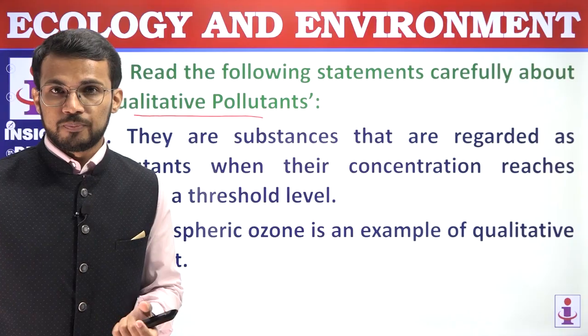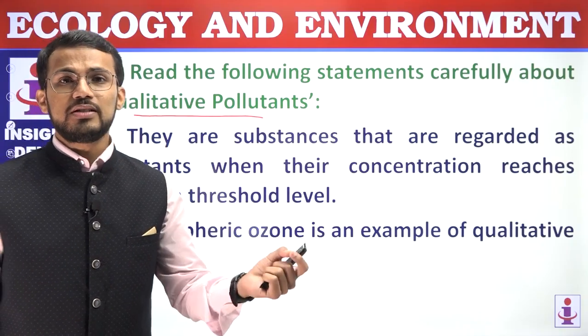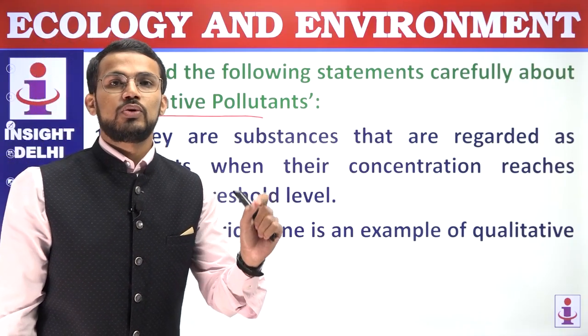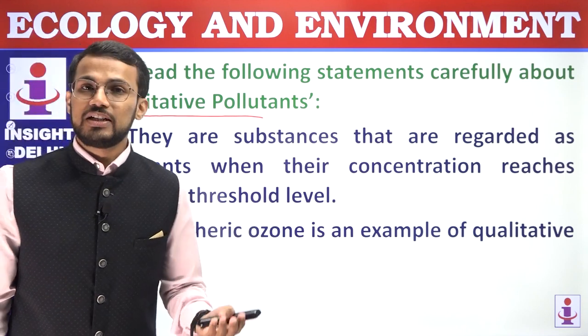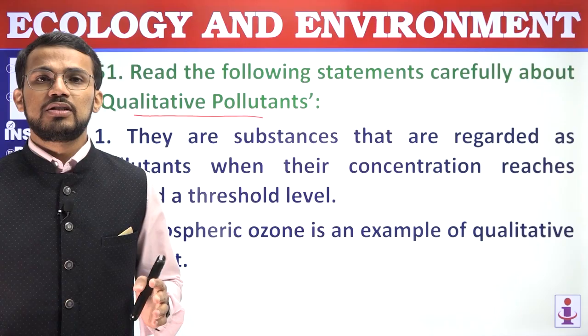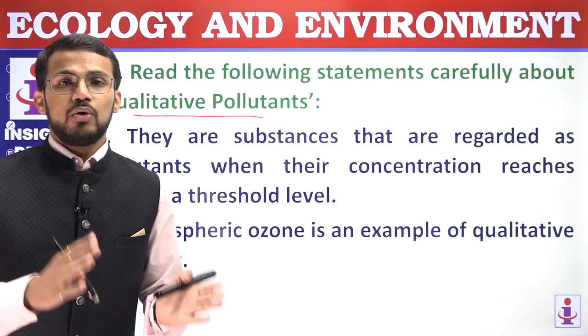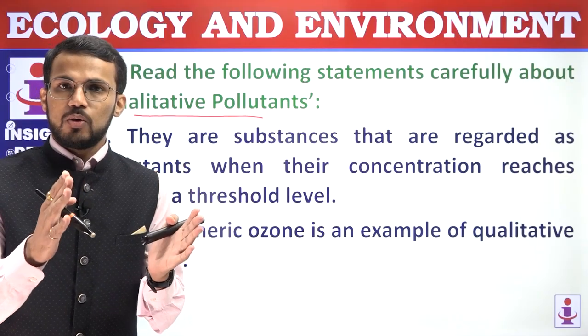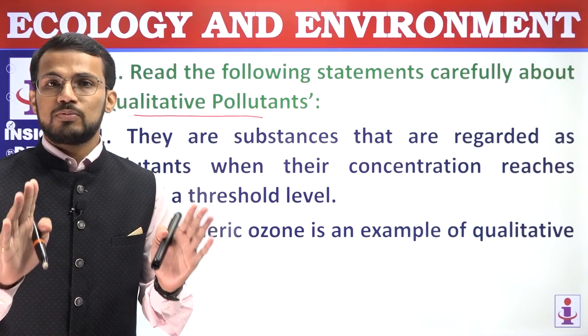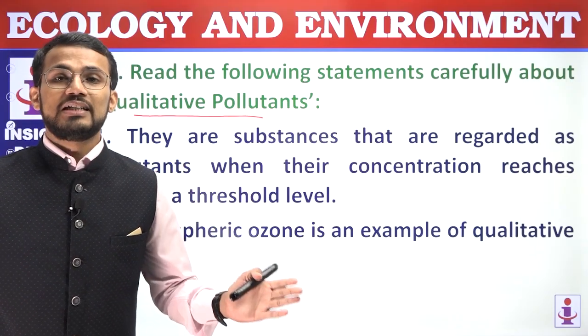For example, mercury. Even a small amount of mercury is a pollutant, and that's why mercury is a kind of qualitative pollutant, right? On the other hand, quantitative pollutants are those pollutants which act as pollutants with increase in concentration, right? If they are there in small amount, they will not be considered as pollutants, but if their quantity increases, they will act as pollutants.